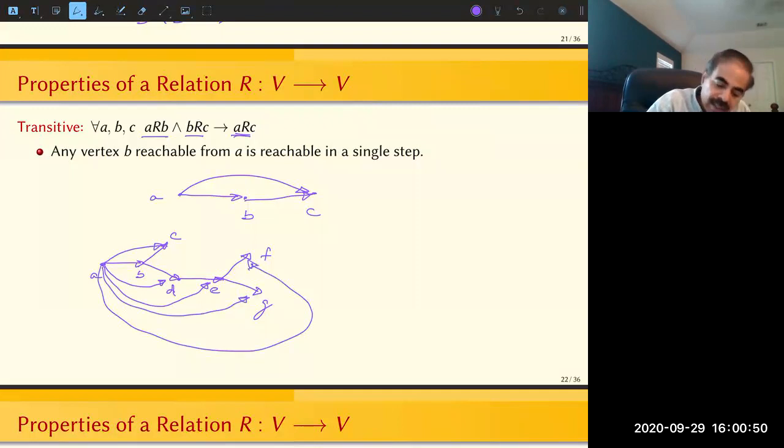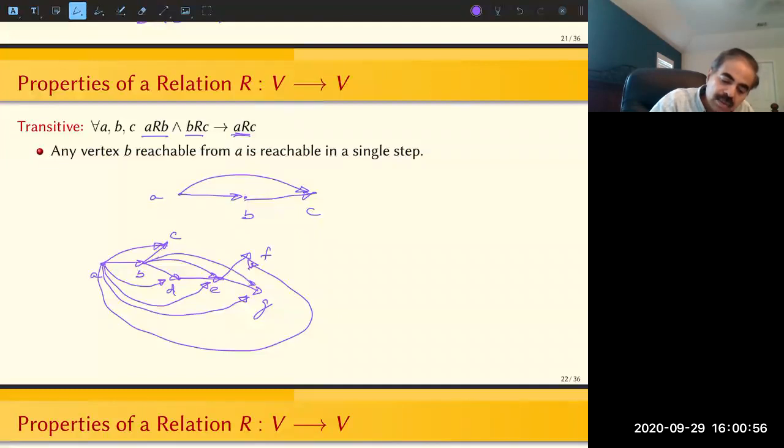And then I must have this edge, this edge, this edge, and so on. So you can see that essentially a lot of nodes will have to have edges between them in order for the relation to be considered transitive, right?